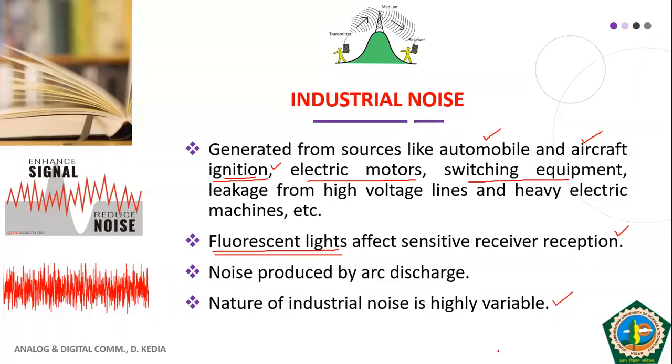But one thing you should notice here is that industrial noise is generated from so many sources which involve some kind of electric spark or arc discharge. I hope you are able to appreciate the sources of industrial noise.